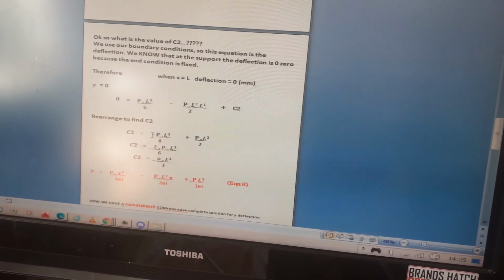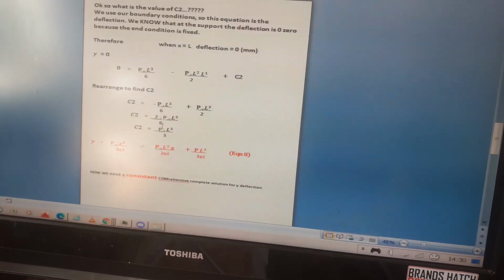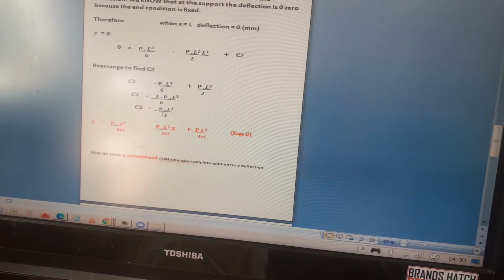It should be plus a half minus 1/6. That's equal to 2/6, 1 over 3. That's C2 equals plus PL cubed over 3.